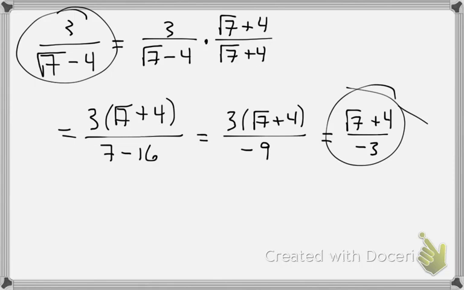So what's the key when we have a binomial? The conjugate, right? The conjugate of a minus b is a plus b. And the conjugate of a plus b is a minus b.